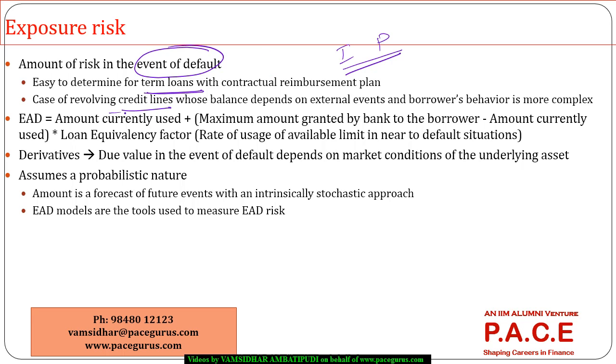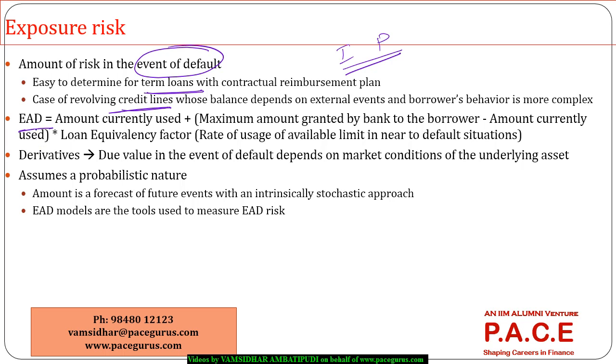But when we are talking about revolving credit lines, where the balance, how much amount needs to be paid, keeps changing at regular intervals of time, there are a lot of external events and borrowers' behaviors which would influence them. Modeling this particular aspect of the exposure risk becomes more and more complicated.